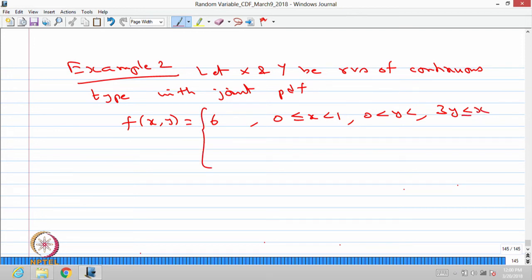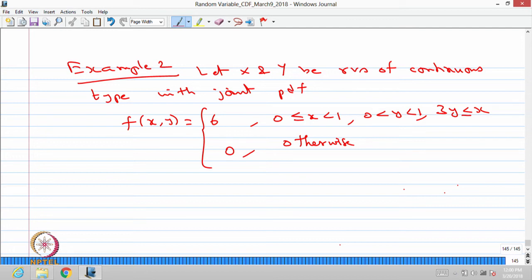So, the joint probability density function is 6 when x lies between 0 to 1, y lies between 0 to 1 and 3y is less than or equal to x, 0 otherwise. Before we proceed with the problem, we can always verify whether this is a correct joint probability density function.